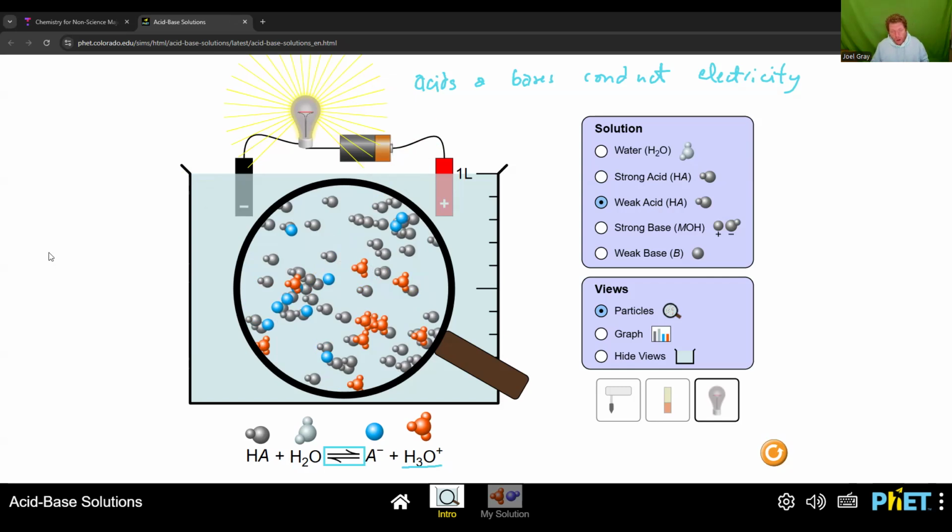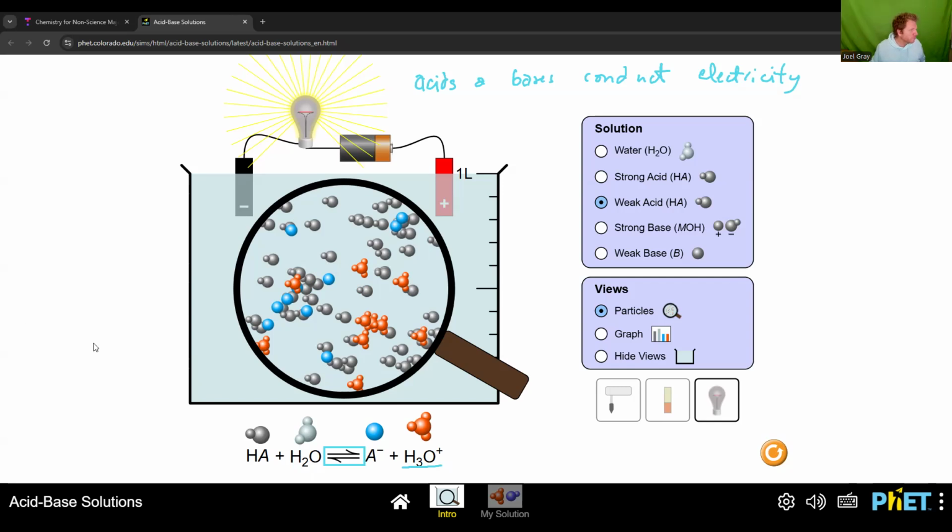And the more products that are formed, the more ions you get. So what's an important takeaway? First, acids and bases both conduct electricity. Stronger acids and stronger bases conduct electricity better. The more ions in a solution, the better it conducts electricity.